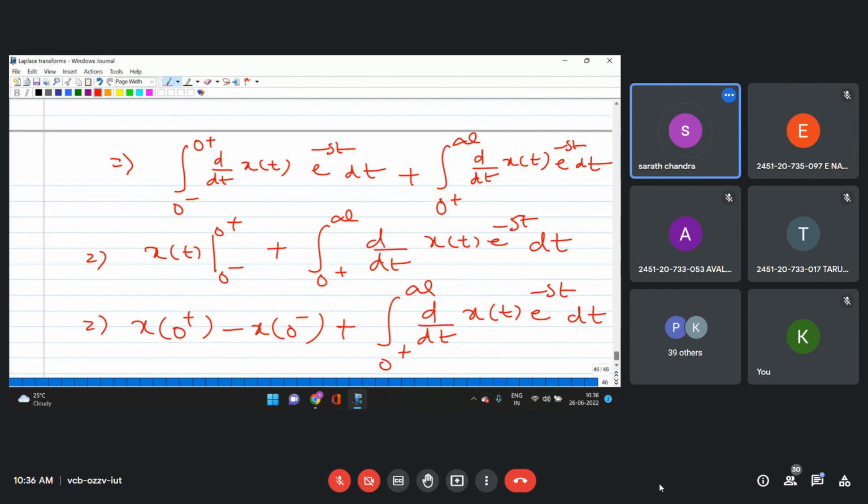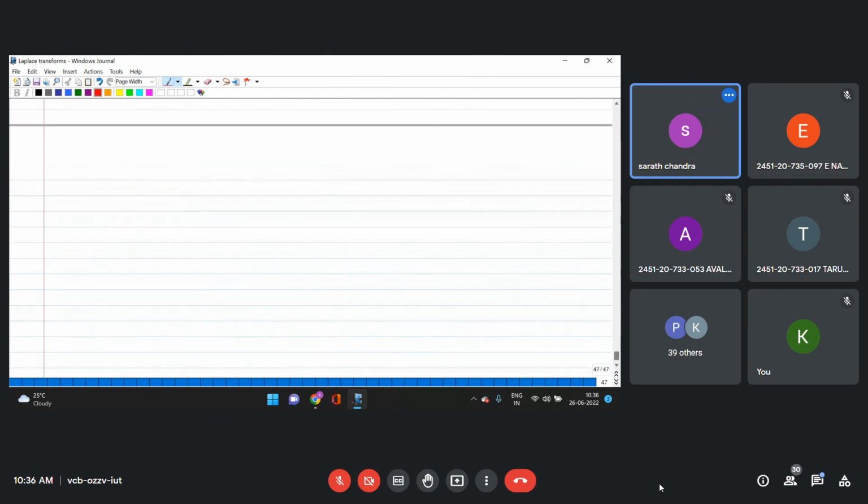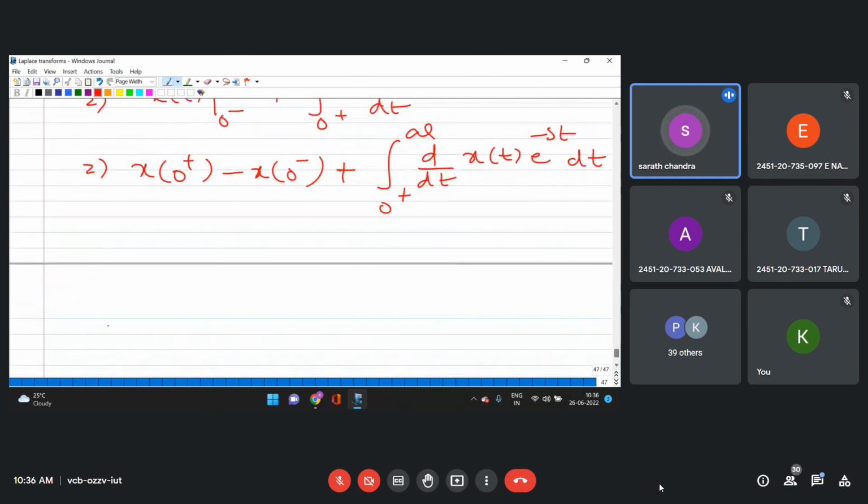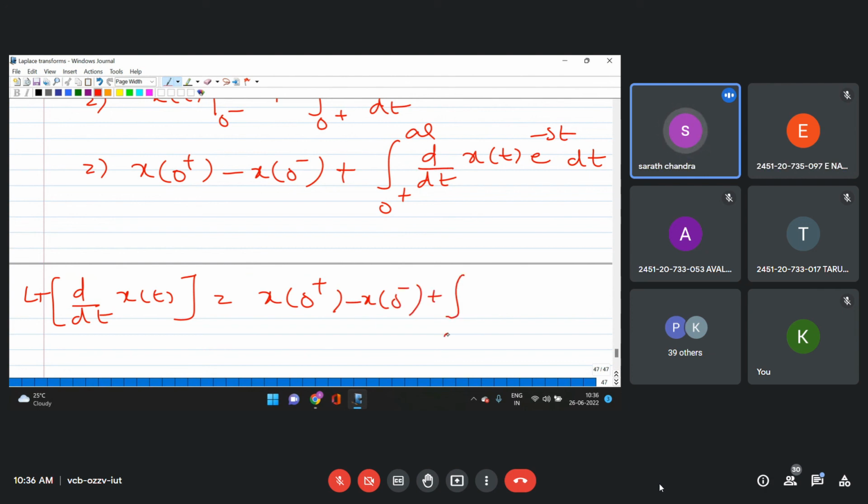Clear? Right, so what do I have on the left hand side? Laplace transform of d by dt of x of t. So the Laplace transform of d by dt of x of t equals what? x of 0 plus minus x of 0 minus. So please concentrate: plus 0 plus to infinity d by dt of x of t e power minus st dt.